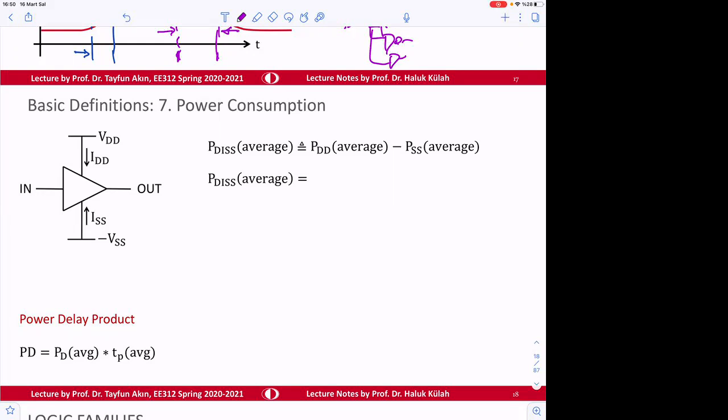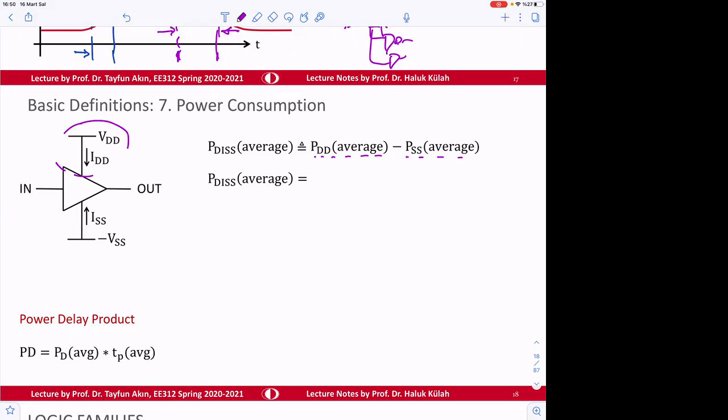So here, power dissipation, as you know, is going to be like this. We can look at the average power dissipation, like this. How much average power is dissipated from VDD, and how much average power is dissipated from VSS. So what do I mean?